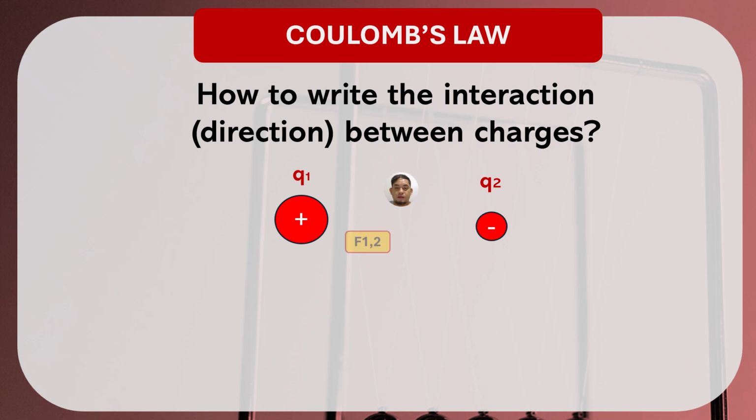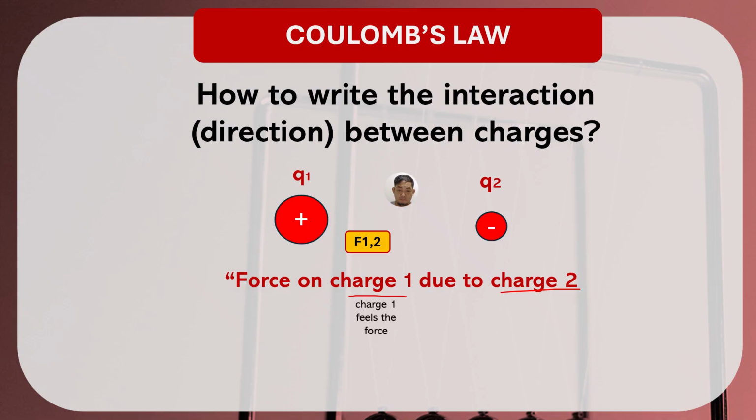Let's say, for example, we have this variable F1,2, which can be read as force on 1, or force on charge 1 due to charge 2. Please take note, charge 1 will feel the force of the neighboring charges.